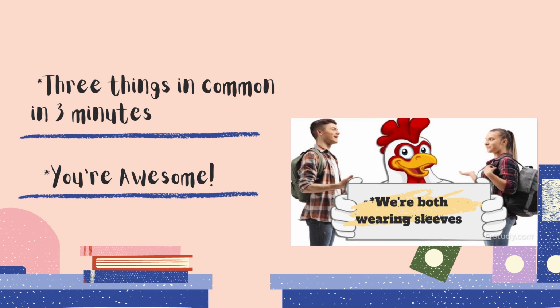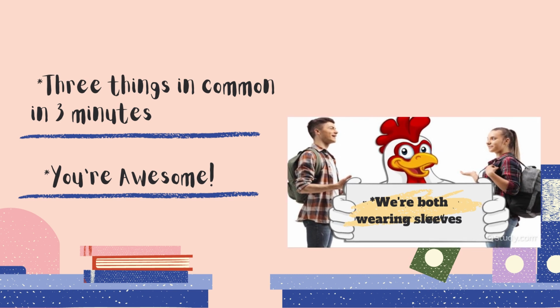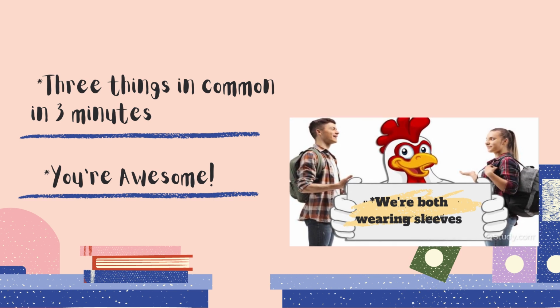Okay, let's continue. The first one is the 3 Things in Common in 3 Minutes. So what is this all about? As you observe, there is a picture on the right side.